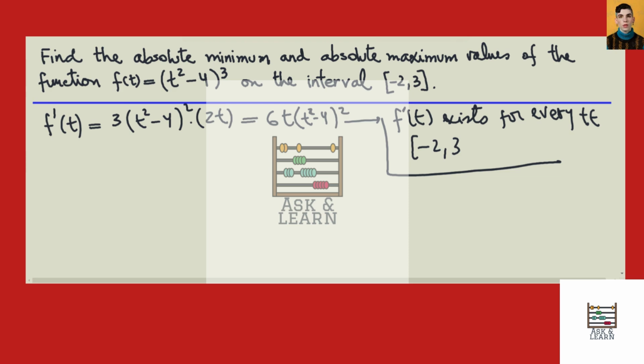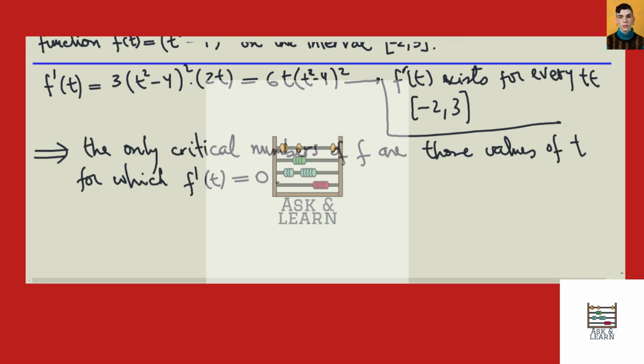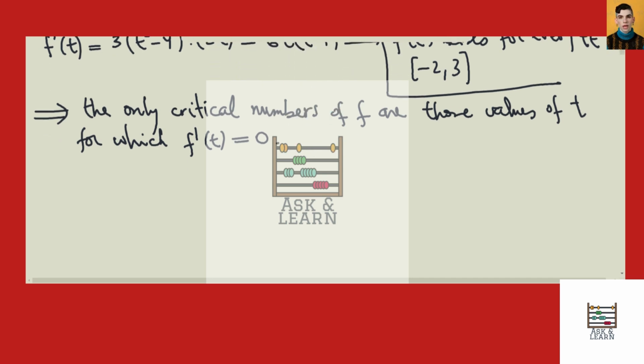Because it's a polynomial function again, and because this derivative exists at every point, we can say that the only critical numbers of this function are the values of t for which the first derivative equals 0. So we can write that the only critical numbers of f are those values of t for which the first derivative of f at t is equal to 0.